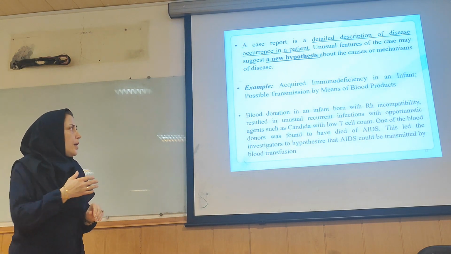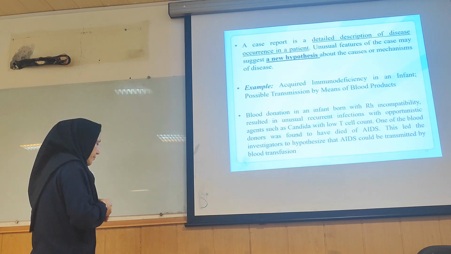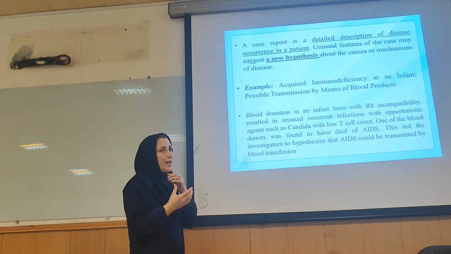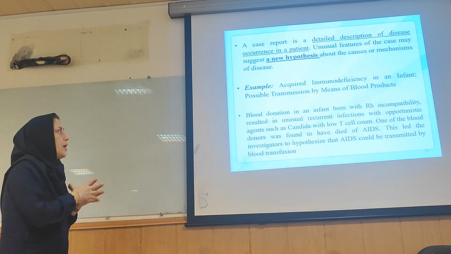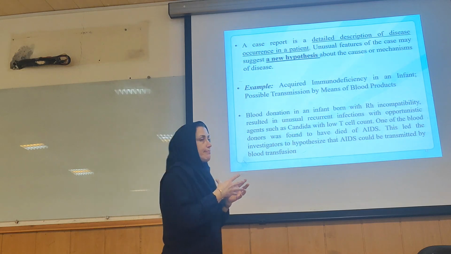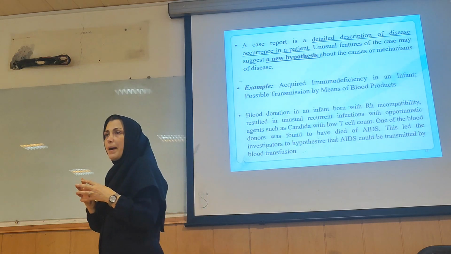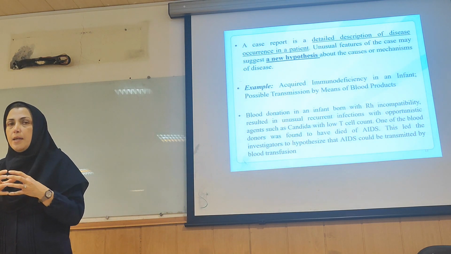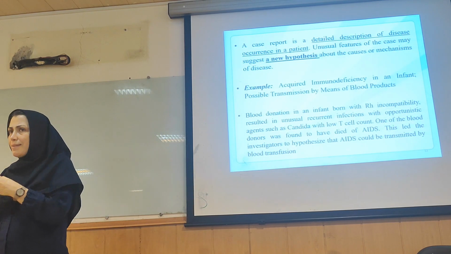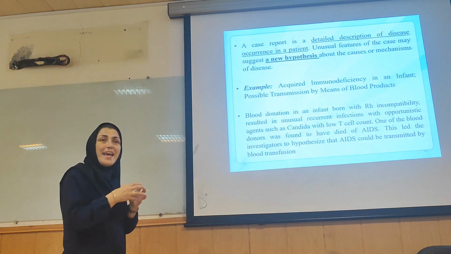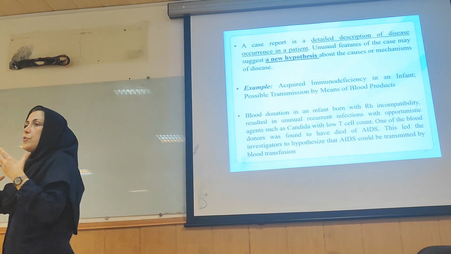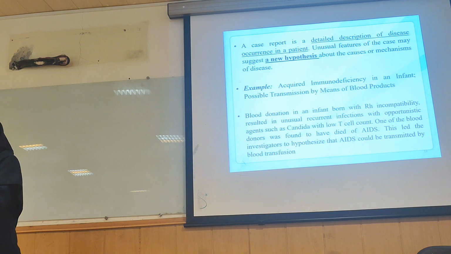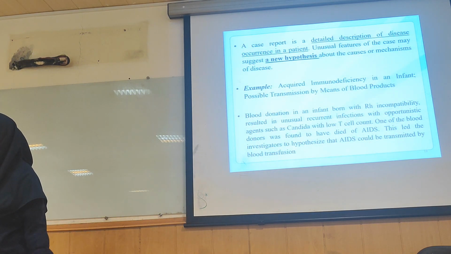But a physician saw a patient, an infant, that was born with RH incompatibility. Based on that disease, the infant received blood from 18 donors.